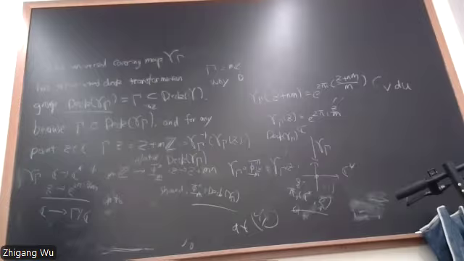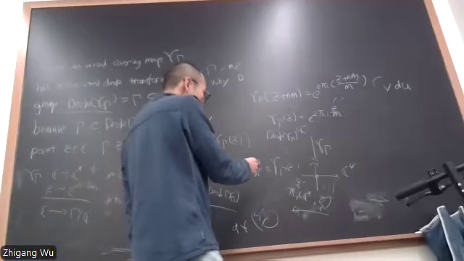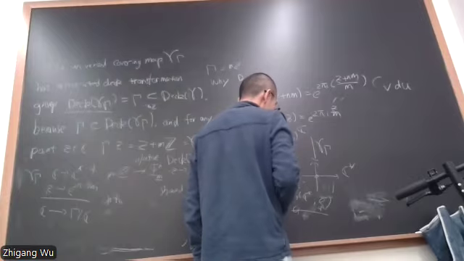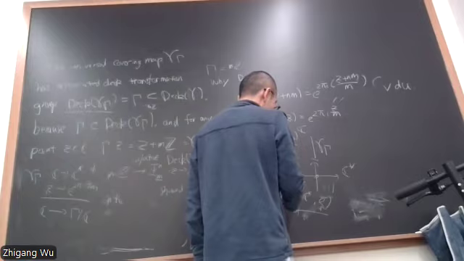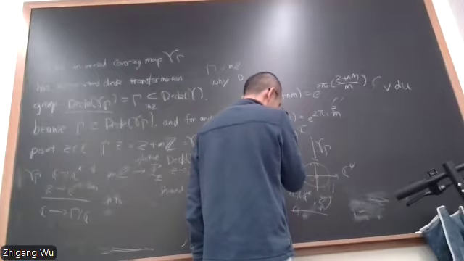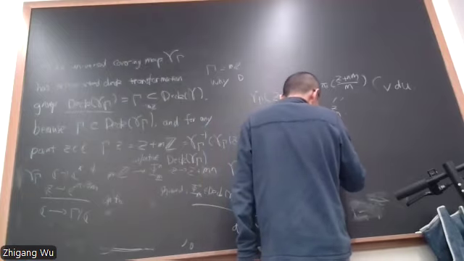Okay, so there is a one-to-one correspondence between this part one and the deck transformation group. So it's basically by the same mechanism.